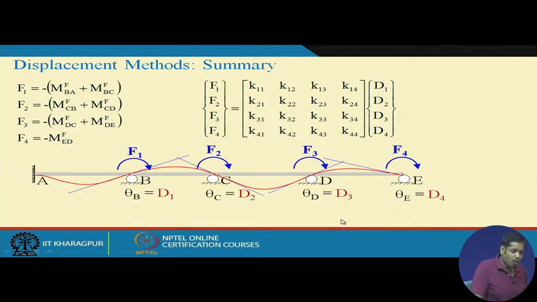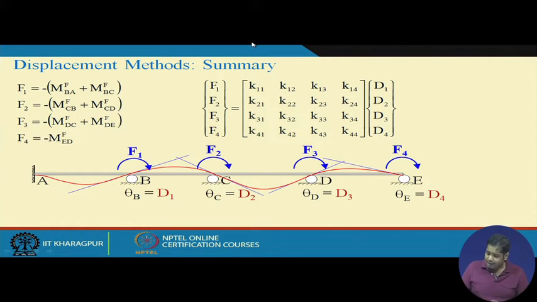Now, what we are going to do is, instead of writing this equation for the entire beam, first we divide the beam into small beams, a similar thing to what we did in the slope deflection method as well. We treated each span as a fixed span, if you remember.